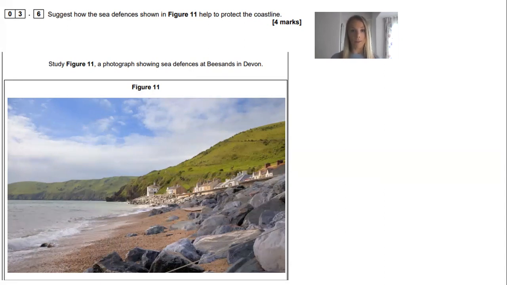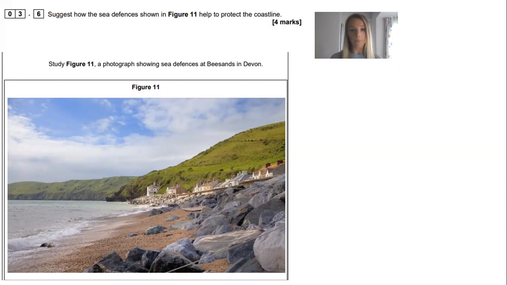Usually if there's a dense population, with lots of settlements and businesses, then you'll find hard engineering strategies, as it's worth spending a little extra money for strategies that will last and will work.